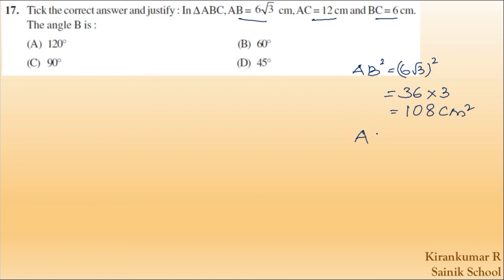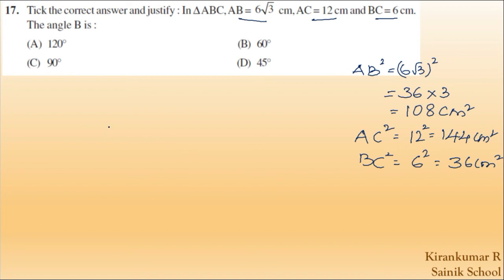Let me find AC square. Yes, 12 square, we get 144 centimeter square. BC square is 6 square, nothing but 36 centimeter square.